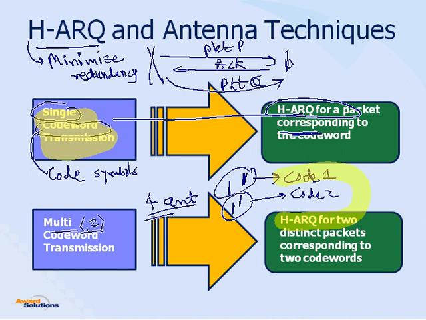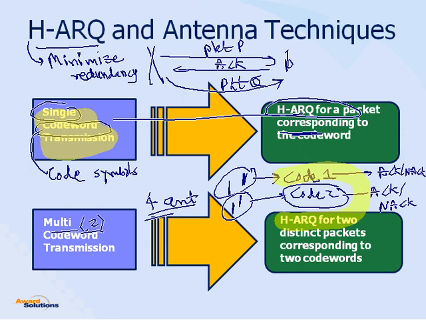So the hybrid ARQ will be corresponding to those code words. We will have one ACK or NACK corresponding to one code word, and another ACK or NACK corresponding to the other code word. So we have 2 separate distinct ACKs or NACKs whenever we have 2 code words. The reason is we do not want to get stuck with retransmissions.